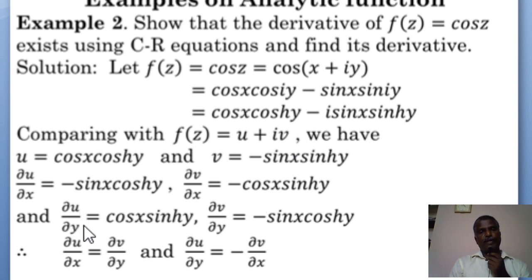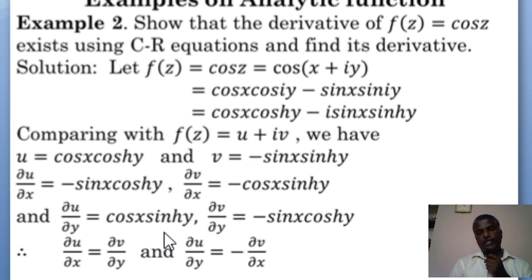Similarly, dou u by dou y, differentiating with respect to y keeping x constant, cos x sin hyperbolic y, and dou v by dou y is minus sin x cos hyperbolic y. So here we observe that dou u by dou x is equal to dou v by dou y, that is minus sin x cos hyperbolic y, and also dou u by dou y is negative of dou v by dou x. So CR equation satisfied.